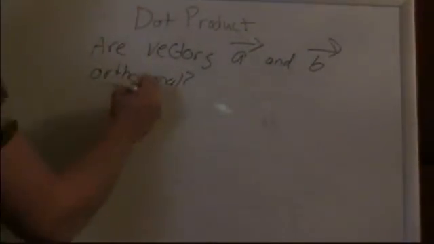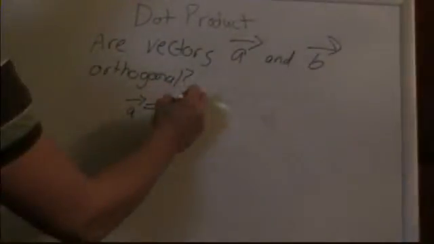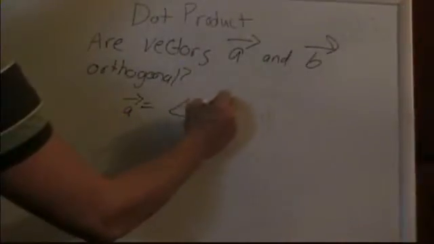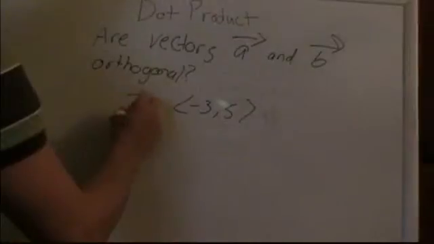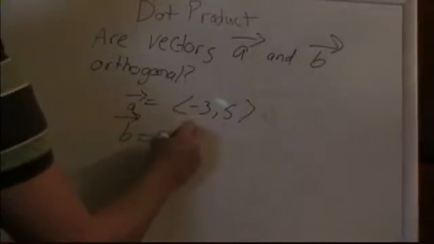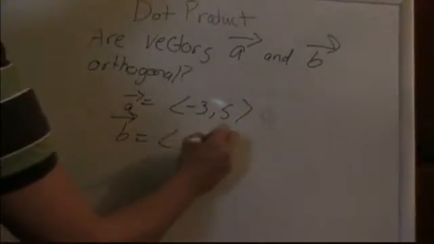And we said that vector A and vector B, the dot product of them has to equal 0 to find out. So an example would be if vector A, we'll say, is negative 3 and 5, and vector B is equal to 5 and 3.